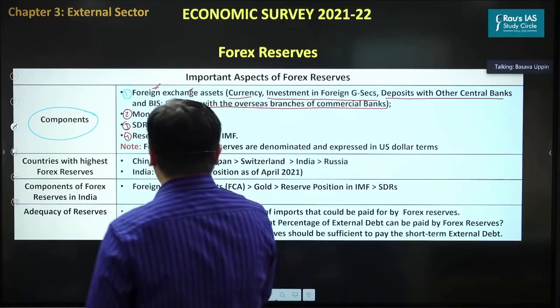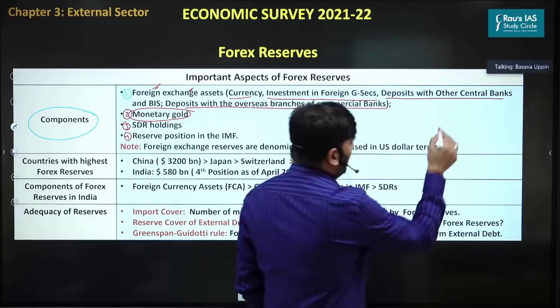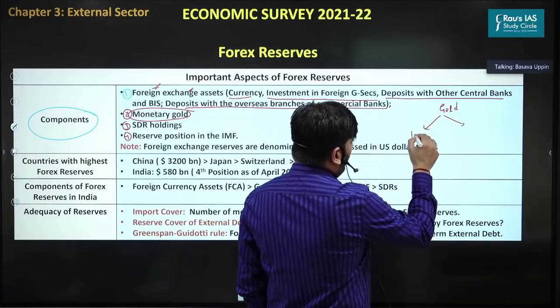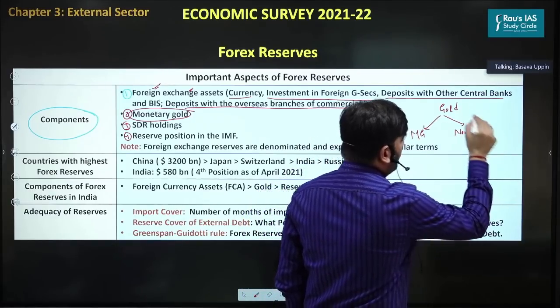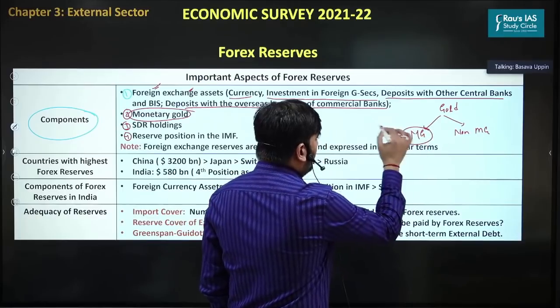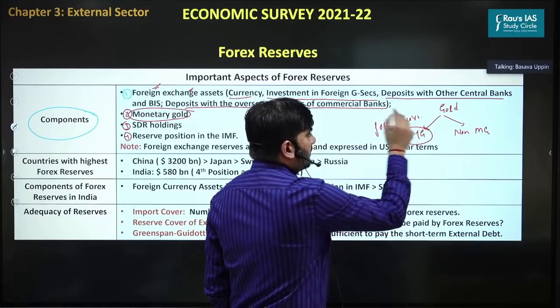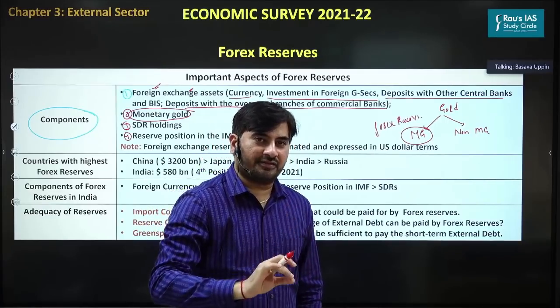Next is monetary gold. So what is this monetary gold? When you look at the gold in India, this gold can be broadly categorized as monetary gold and non-monetary gold. Monetary gold is a gold which is part of India's forex reserves.